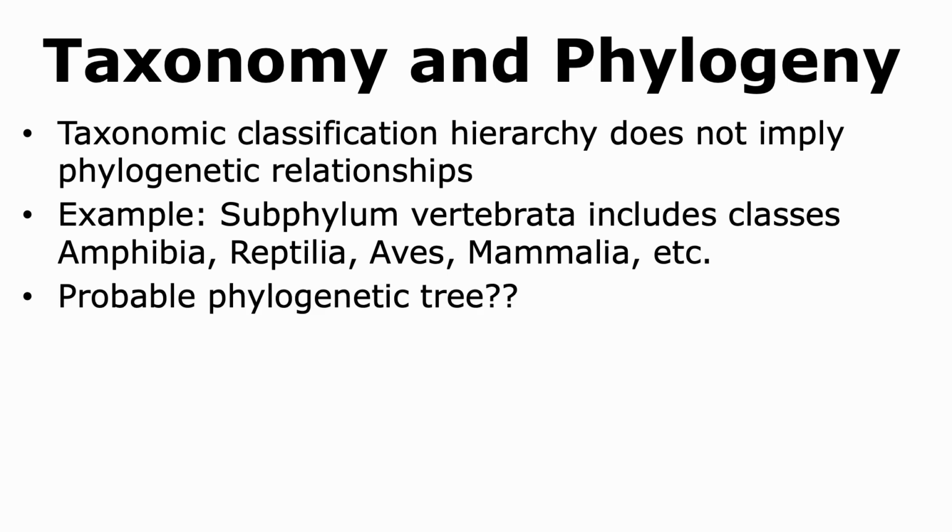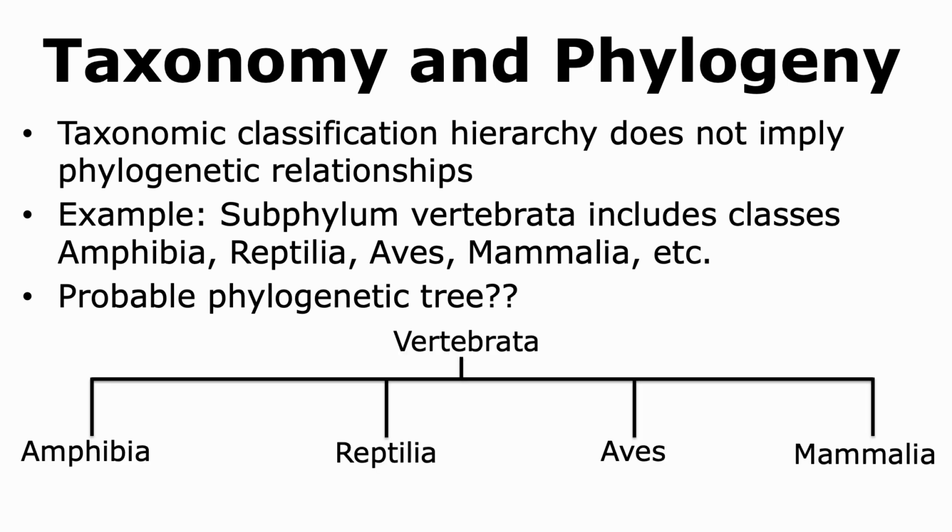If we had to construct a probable phylogenetic tree based on the taxonomic information, we would construct something like this, which shows that the class of amphibia, reptilia, aves, which are basically birds, and mammalia all arose from a direct common ancestor.